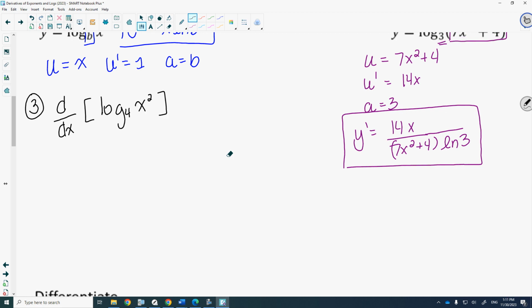Now for this one, I'm actually going to show you 2 different methods that we could do. So again, what I've been showing you is identify what u is. u prime is the derivative of u, which would be 2x, and a is going to be the base of the log, which is 4. So the derivative is going to be equal to u prime over u.